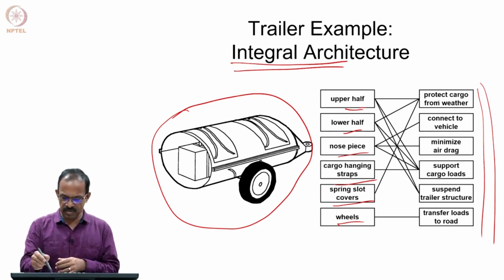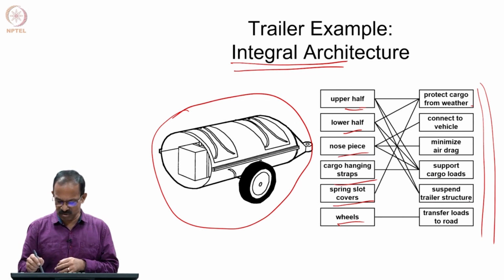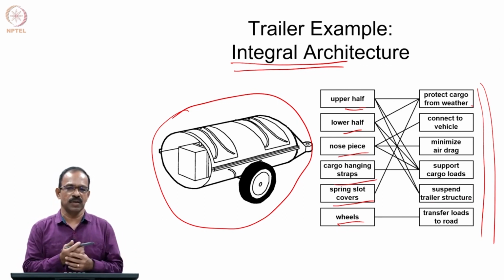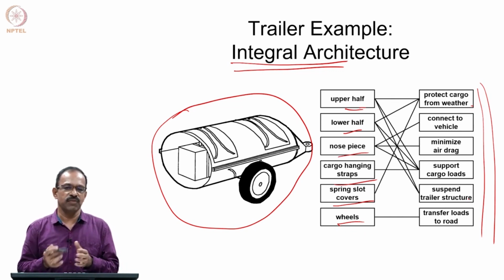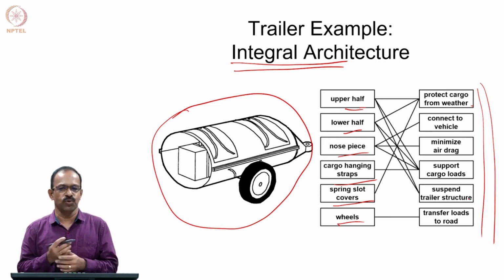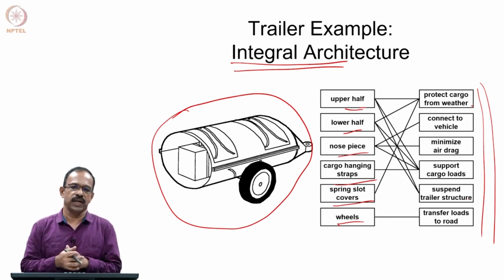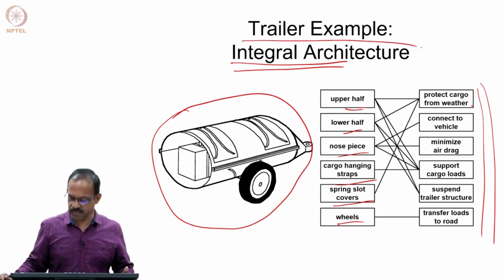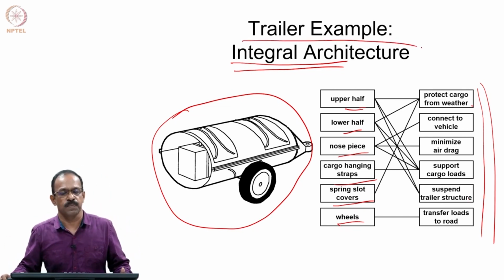The upper half can protect cargo, support cargo loads, and suspend the trailer structure also. It is very difficult to tell what each physical chunk is doing in this case. Together they provide the function. That is the integral architecture that you can see in this case.